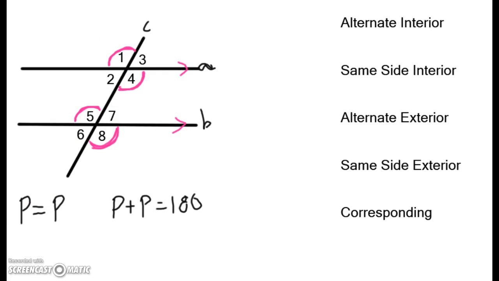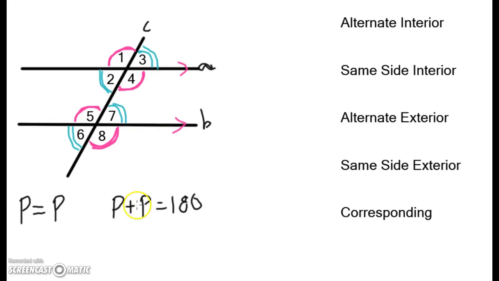All right, let's look at the other angles that are formed. Let's look at all of the acute angles. That's like angle 3 and angle 2 and angle 7 and angle 6. All of the angles that I just marked in this teal color are all acute angles, and they are all equal to each other. They will all be piece equals piece.